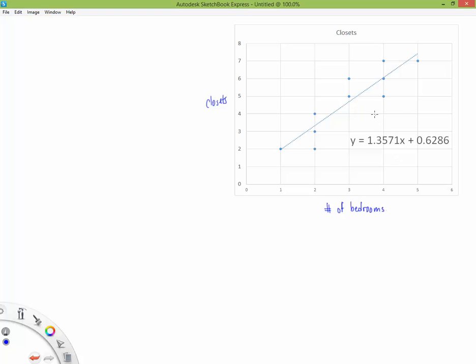So the Y is closets, and X is the number of bedrooms.